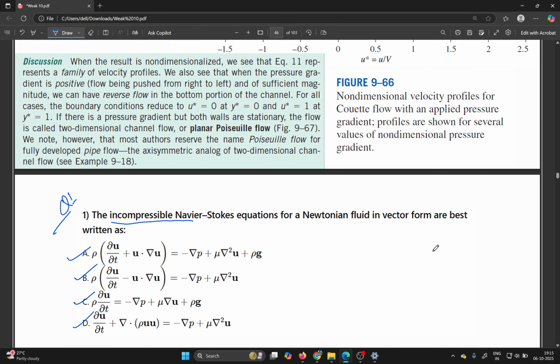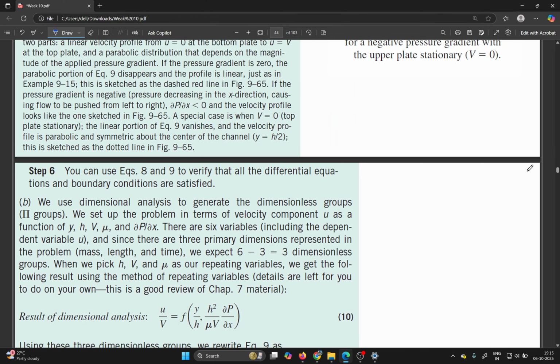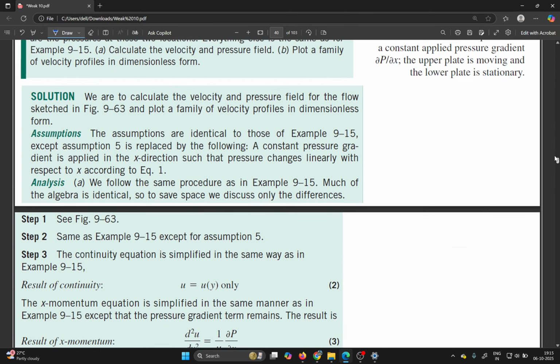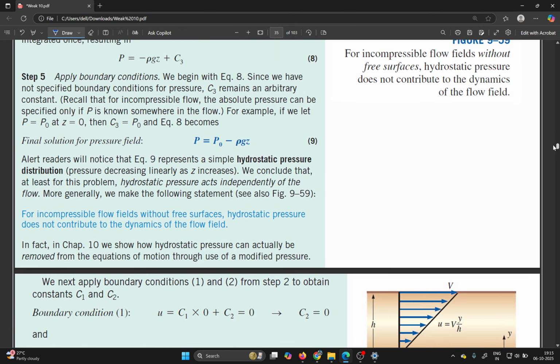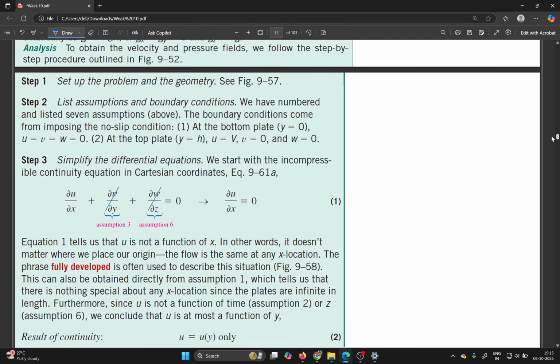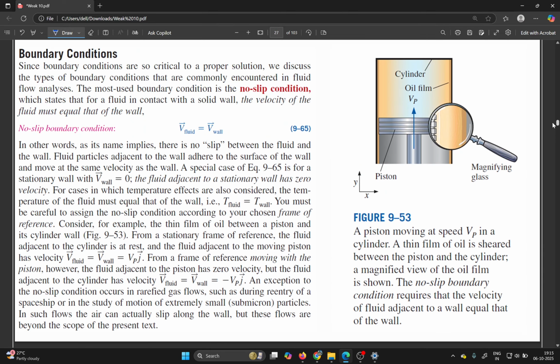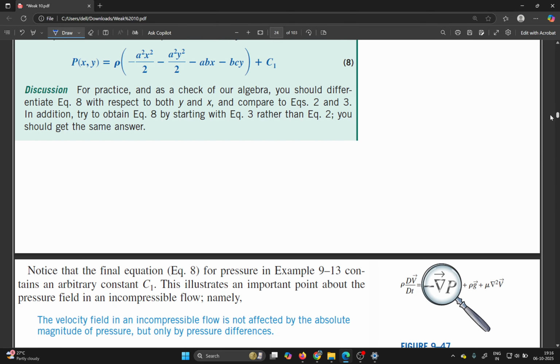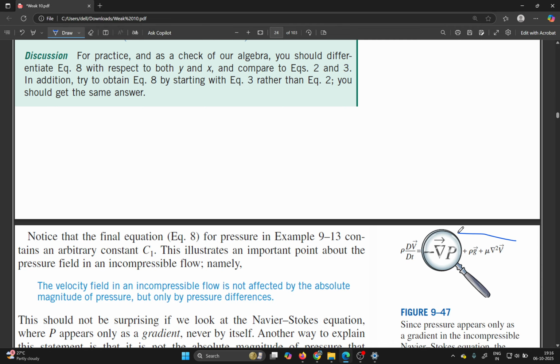So as you can compare from here, I first want to show you what I was discussing. Let me show you. Yes, here you can also see this is yours.